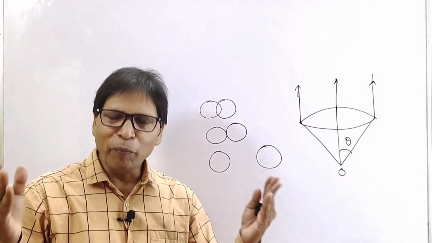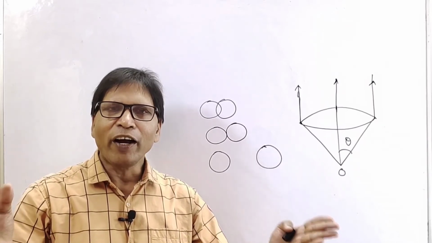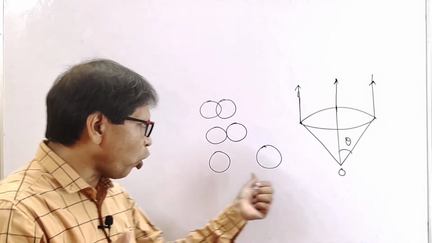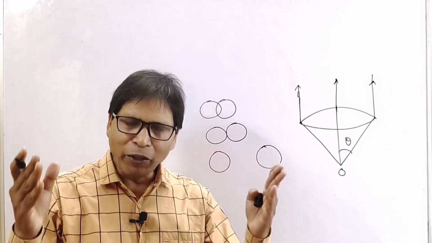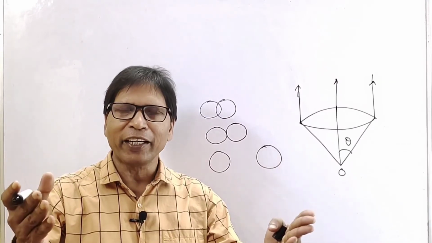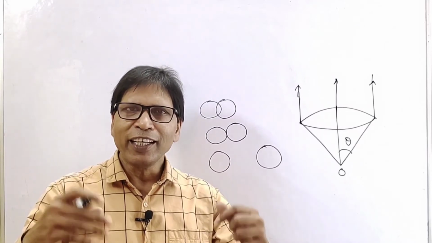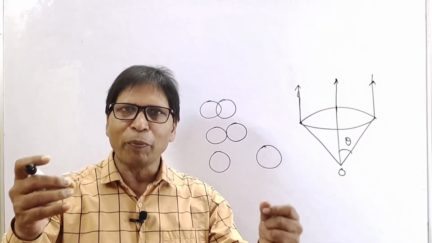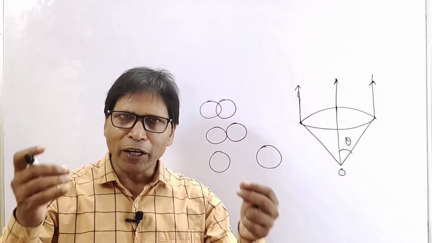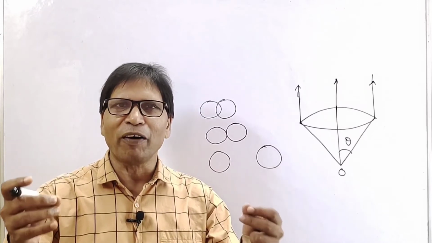The minimum linear or angular separation between two close objects at which they appear just separated when viewed through an optical instrument is called the limit of resolution. The reciprocal of the limit of resolution is called resolving power.